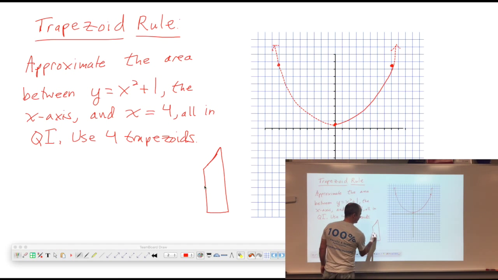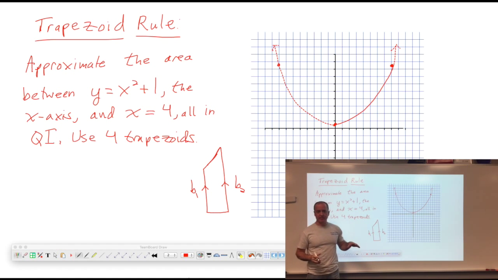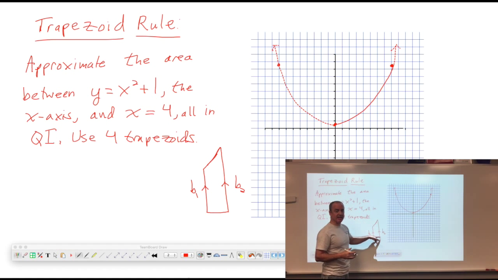For example, by definition, on a trapezoid, your 2 parallel sides, so the only real definition of a trapezoid is only 2 parallel sides, are always your bases. Normally we think of bases as being parallel to the ground, but in this case, the 2 parallel sides are up and down, so those are your bases.